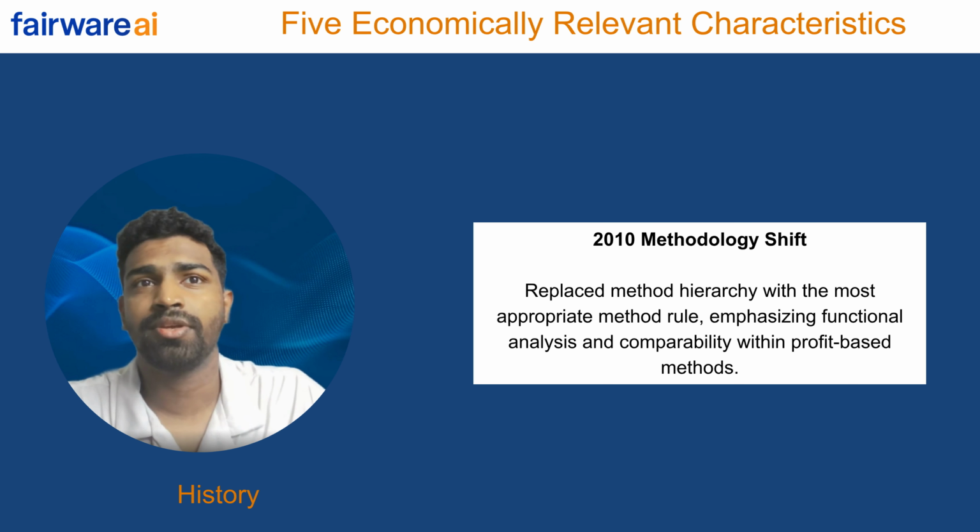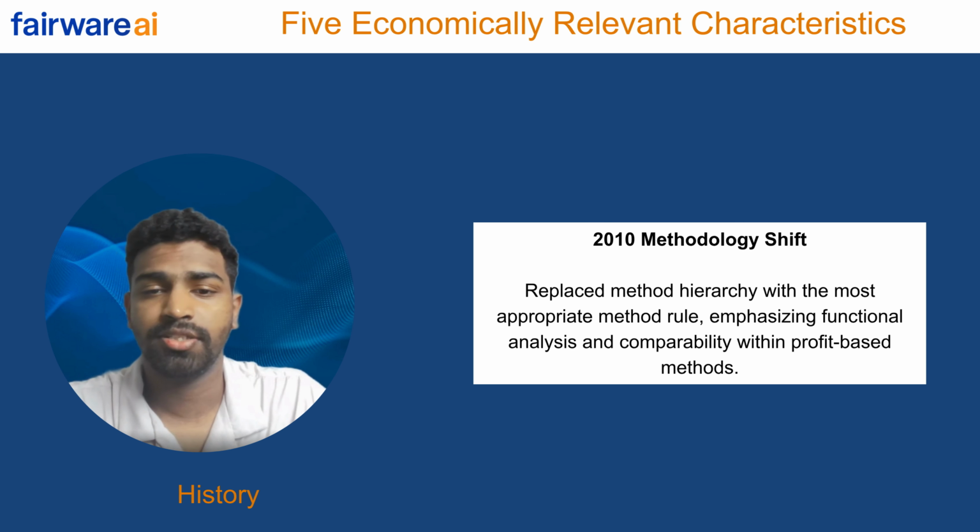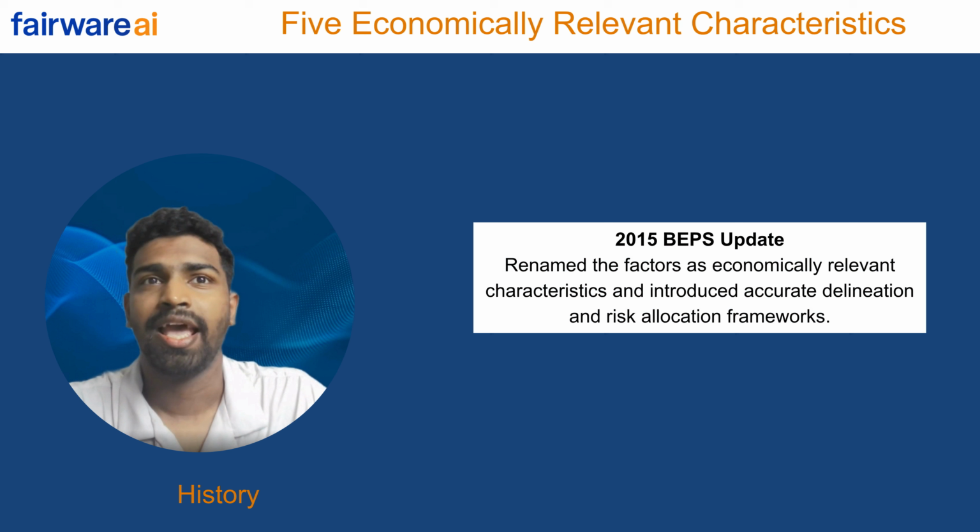Then came 2015. That's where the majority of the changes happened in the OECD, where they implemented the BEPS project, one of the biggest changes in the OECD. I would call this the value creation revolution.